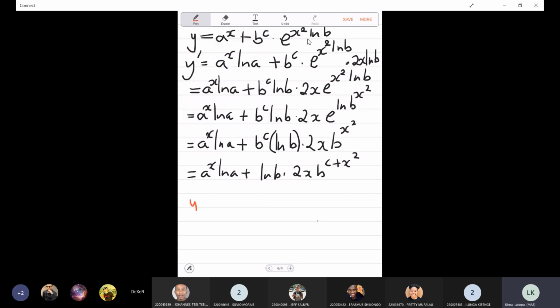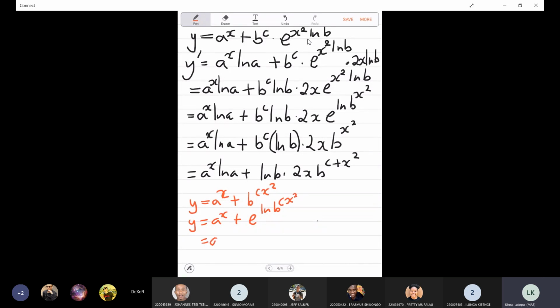Let's say you have y is equal to a to the power of x, and thus b to the power of cx squared, and then you rewrite it the way I did. This is e to the power of ln of b cx squared.